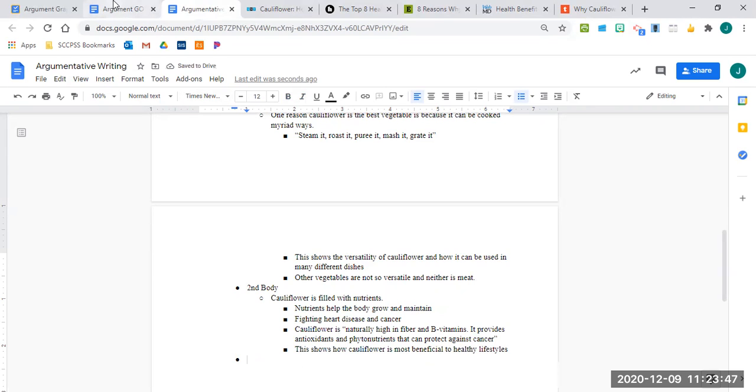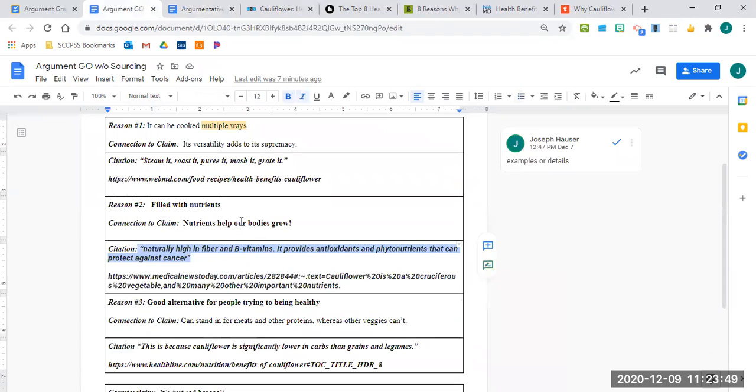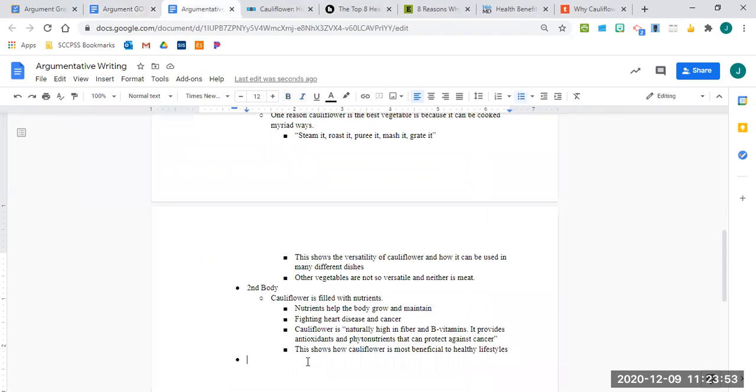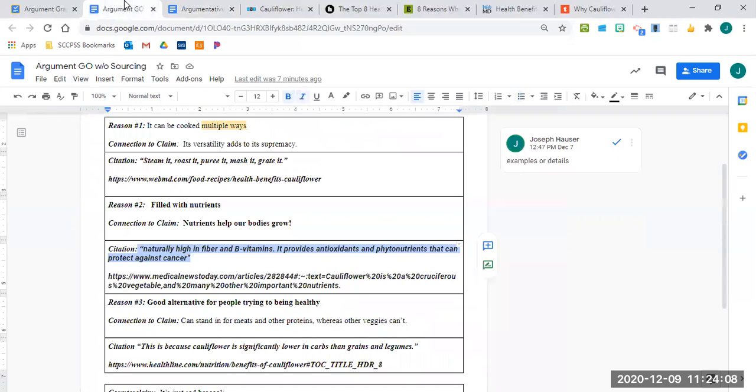Third body paragraph is about, it's a good alternative. It's kind of close. We can have a reason support another reason. Therefore, what did I say?